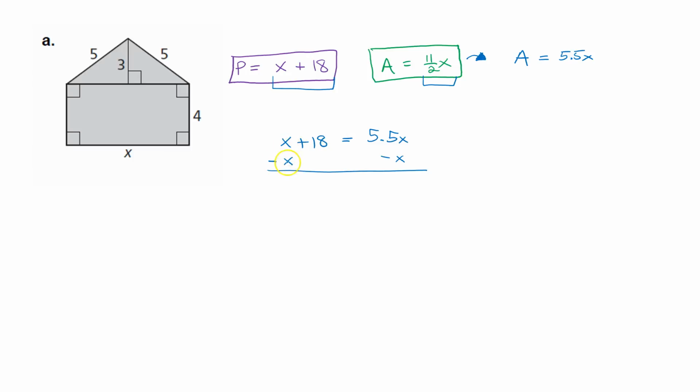X minus x is 0, so we have 0 plus 18 is 18 on the left, and 5.5 minus 1 is 4.5. And then we're going to divide both sides by 4.5, because right now x is multiplied by 4.5, so the opposite of that is dividing by 4.5.